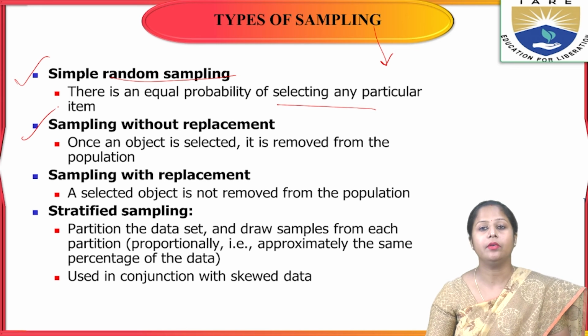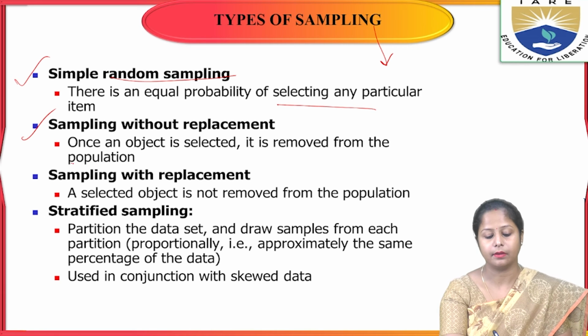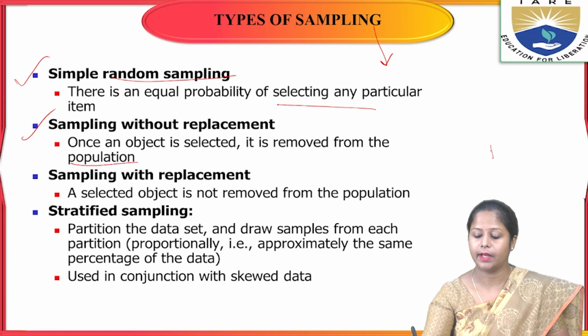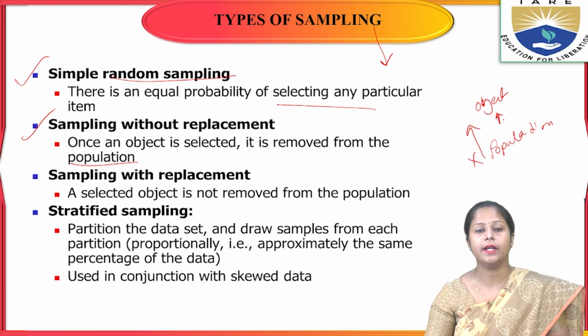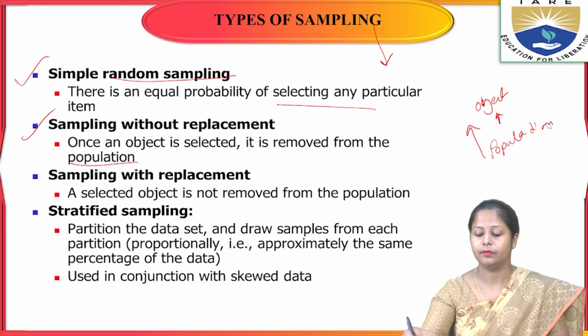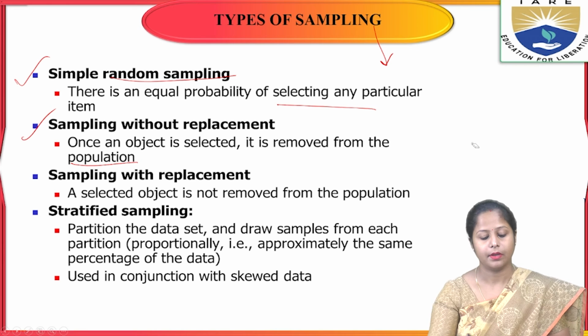Second is sampling without replacement: once an object is selected, it is removed from the population. We don't have to replace that data.